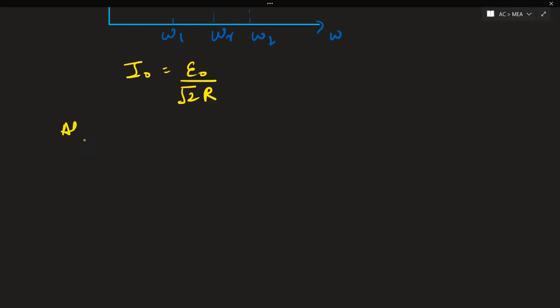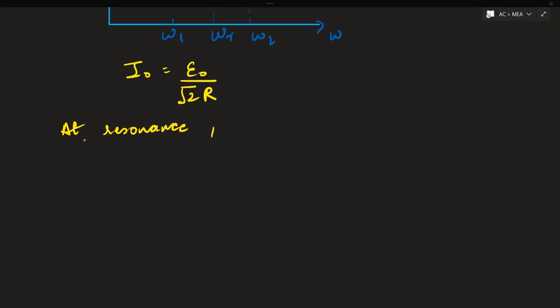And at resonance, we all know what is the value of impedance at resonance? Can anyone answer? Value of impedance at resonance. Last class we did it on Wednesday.